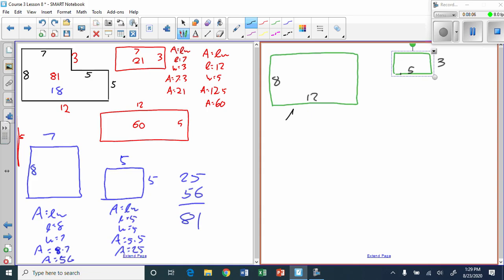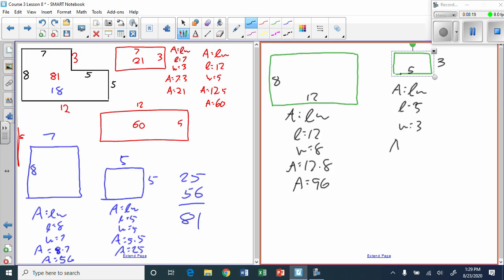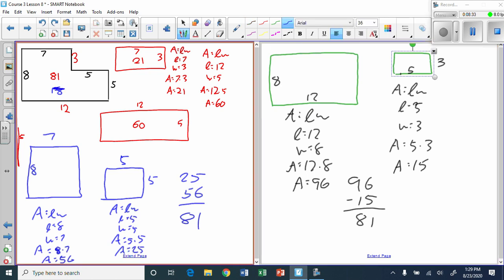So if area equals length times width again, 96 minus 15, because that chunk is cut out, I still get 81. Whoa. 81 and 81.